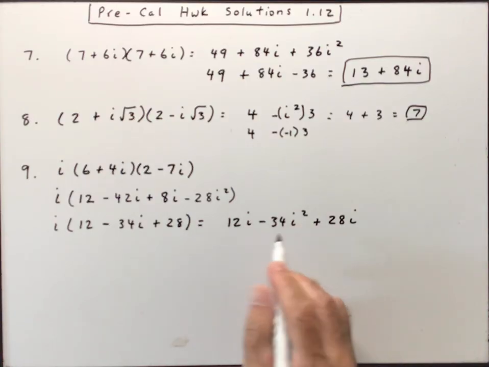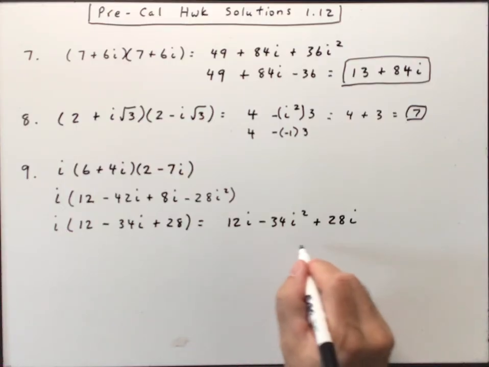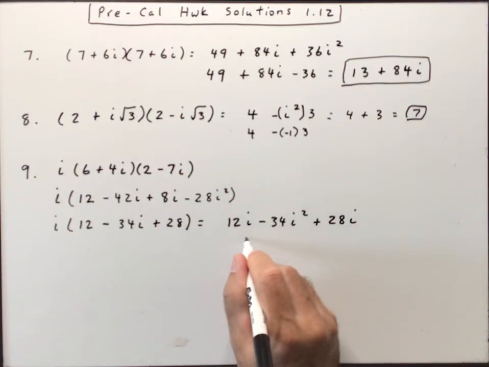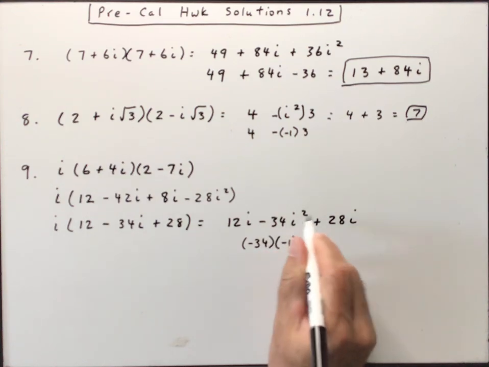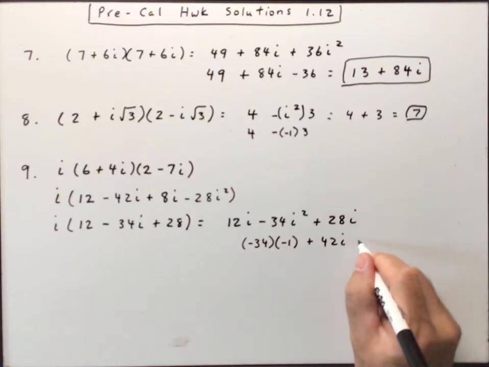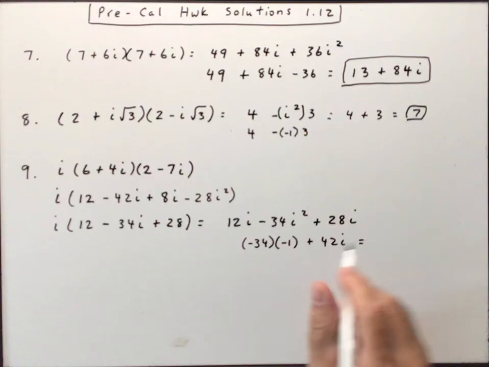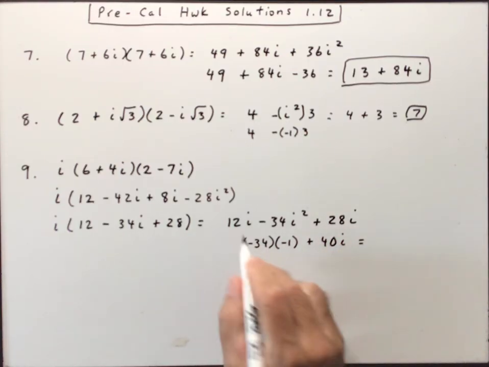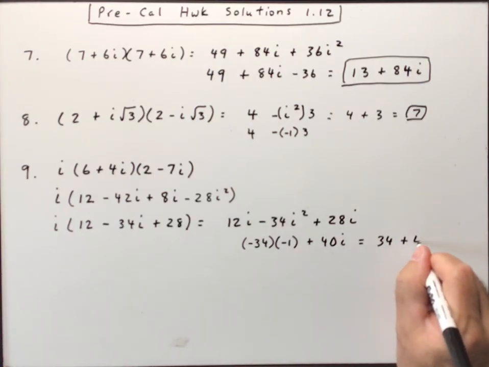So that's 12 and 28, which would be 40i. So this is the same as negative 34 times negative 1, because i squared is negative 1, plus 40i. So that's going to be 34 plus 40i.